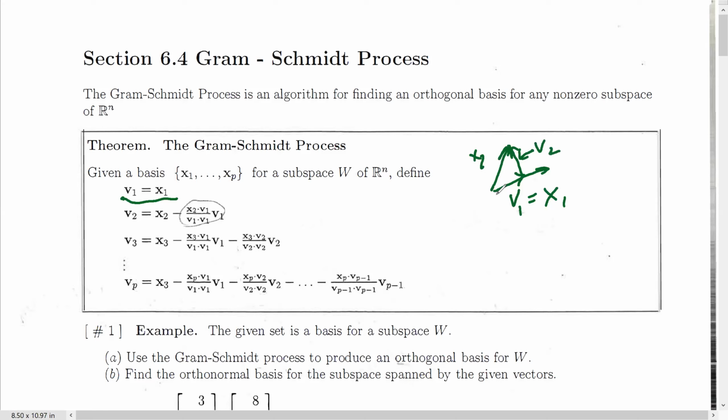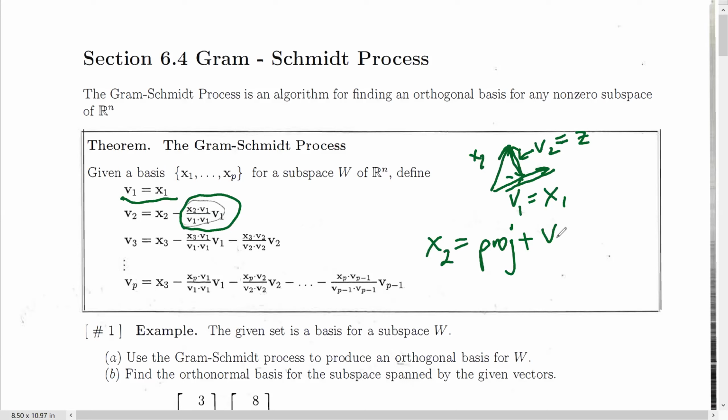So we can see that my v1 is the big vector, and now I created an orthogonal vector. This is my projection, right here. To get this vector v2, we used to have the vector z, right? So this vector x2 is equal to my projection plus the vector v2, the vector we used to call z.